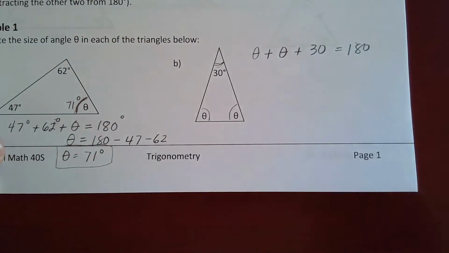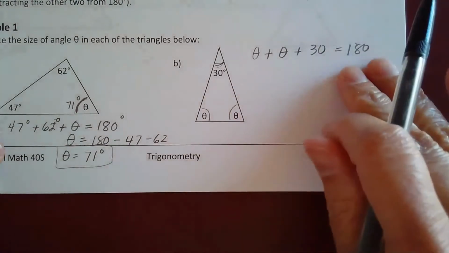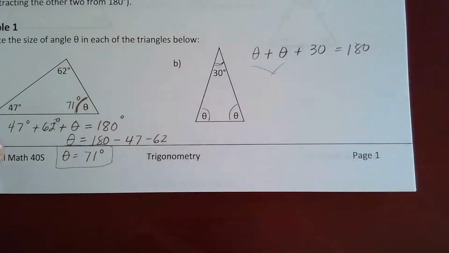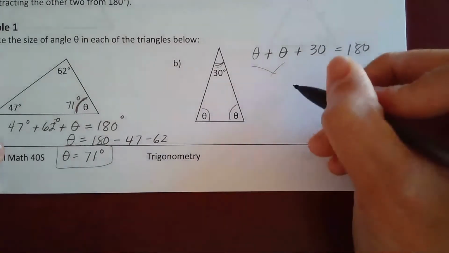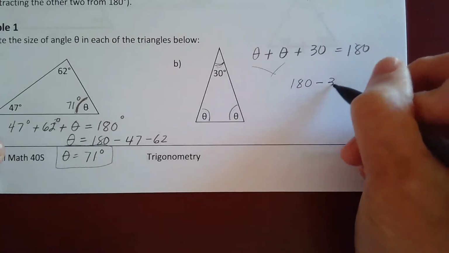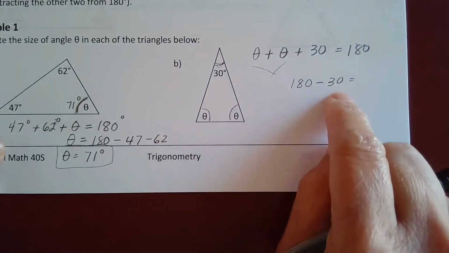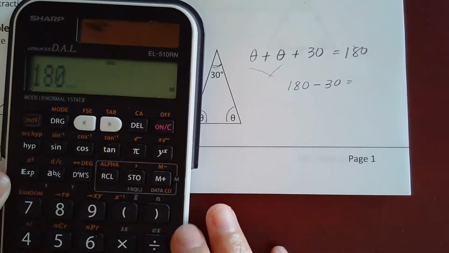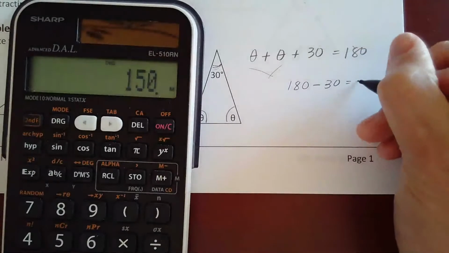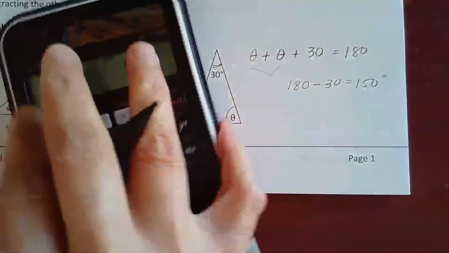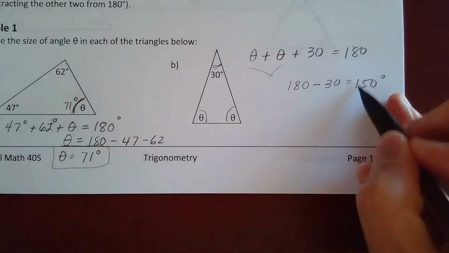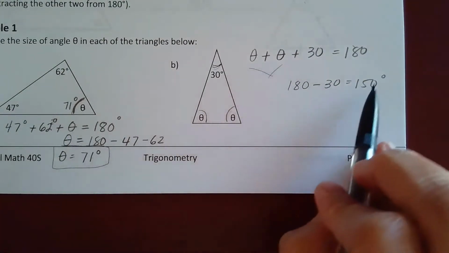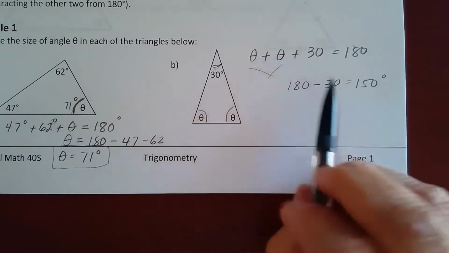So what you could do is set it up like this. Because I have two of these thetas, I can go 180 minus 30. What's that equal to? It's going to give me 150 degrees. But 150 degrees is for both of these thetas, so that's 150 degrees for two of those thetas.